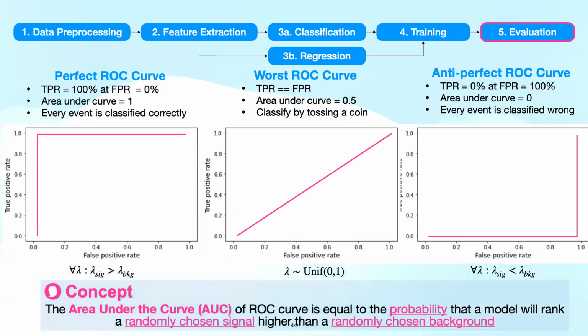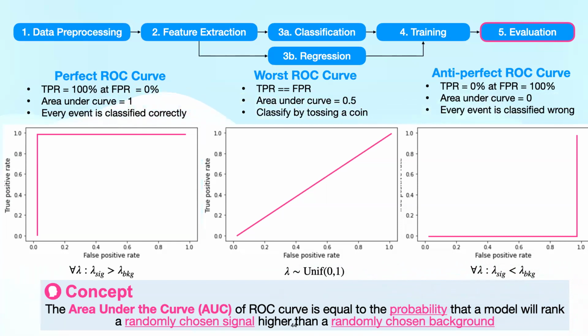So this is the same as classifying by tossing a coin. If your coin is heads, you classify it as signal. If your coin gives you tails, you classify it as background. So it has nothing to do with the data. This is the worst you can do. There's another case where your ROC curve is going like this. This is what I call the anti-perfect ROC curve. In this case, you are classifying every single event wrong, right? So your true positive rate is 0, your false positive rate is 100%, and your area under the curve is 0.